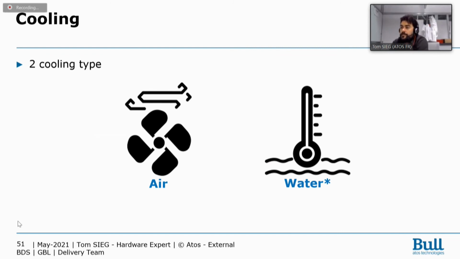The only case you will evacuate it without water is free cooling, if you are in a really cold country. In that case, you will just take air from outside, bring it inside the data center, and the warm air will be pushed outside. For example, if you have a constant 10 or 20 degrees outside, you will be able to use a free air cooling system and not use any water solution.